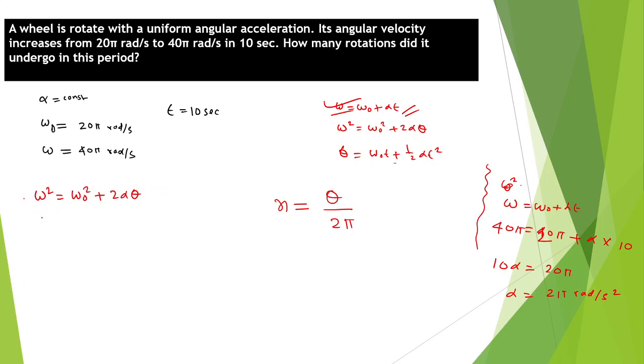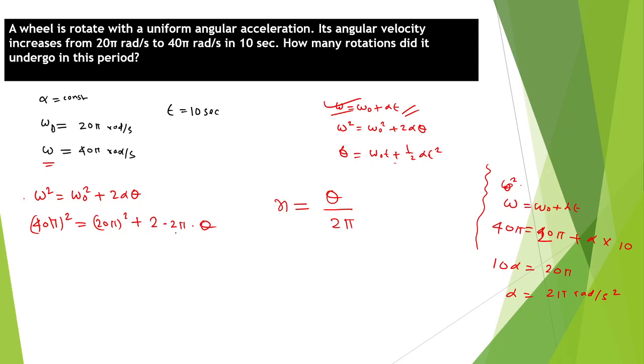Now we have omega. What is omega here? 40 pi. So note it down, 40 pi whole square equals omega naught, that is 20 pi, square, plus 2 into alpha. We already have the value of alpha, that is 2 pi, into theta, which we don't know yet.